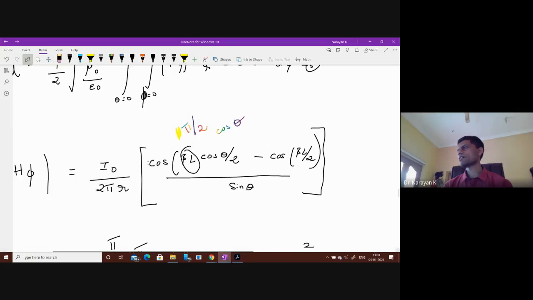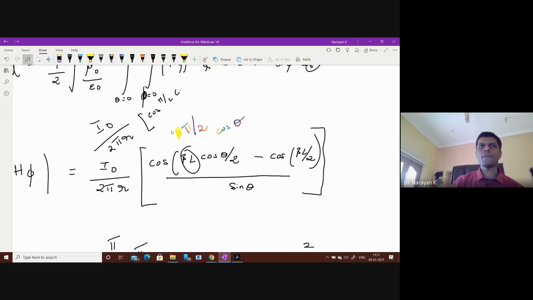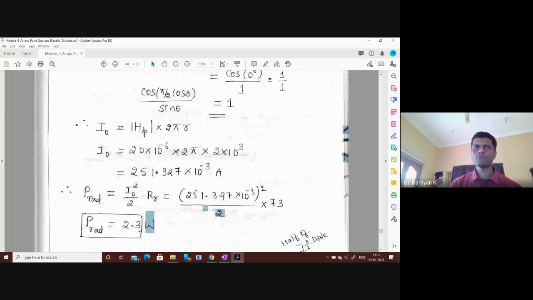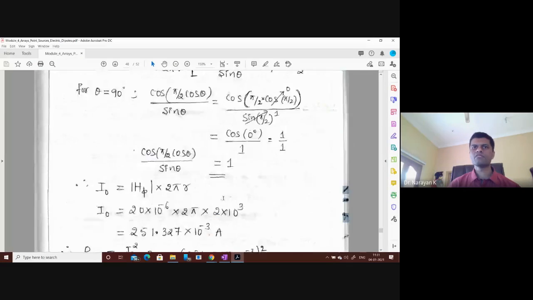See, this equation is the exact equation. If you are finding difficulty with this exact equation, because I always do the exact method, you can also use this equation, which is being used in the notes. So don't get confused. H phi equals I naught by 2 pi r times cos of (pi by 2 cos theta) by sin theta.